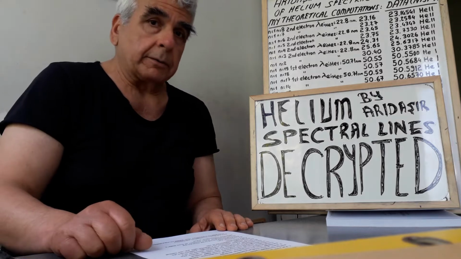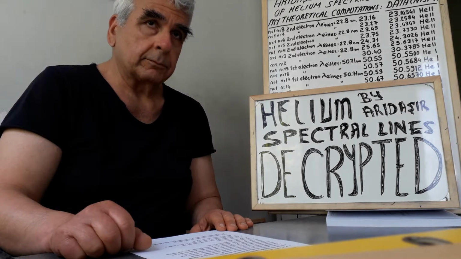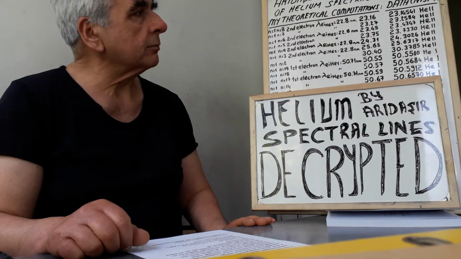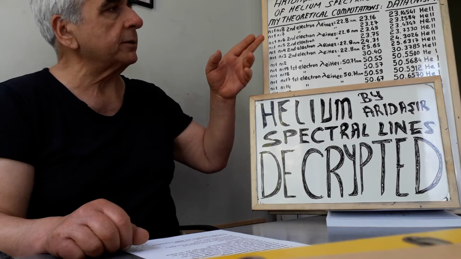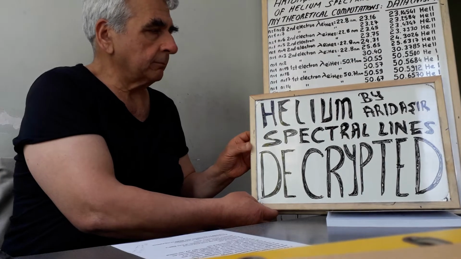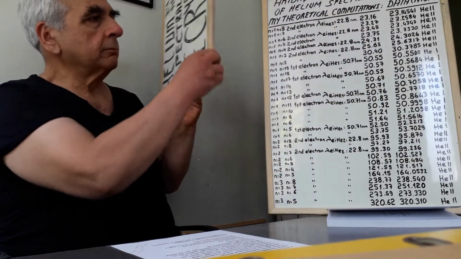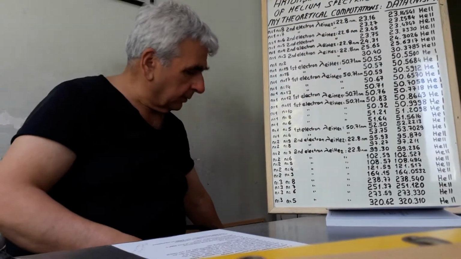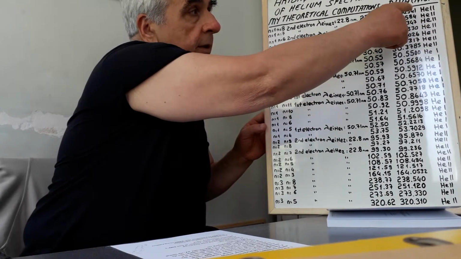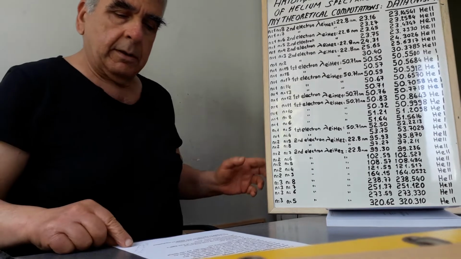What we will do today? Helium spectral lines, my theoretical computations and comparison with data. From this right side, data from the source NIST, National Institute of Standards and Technology.